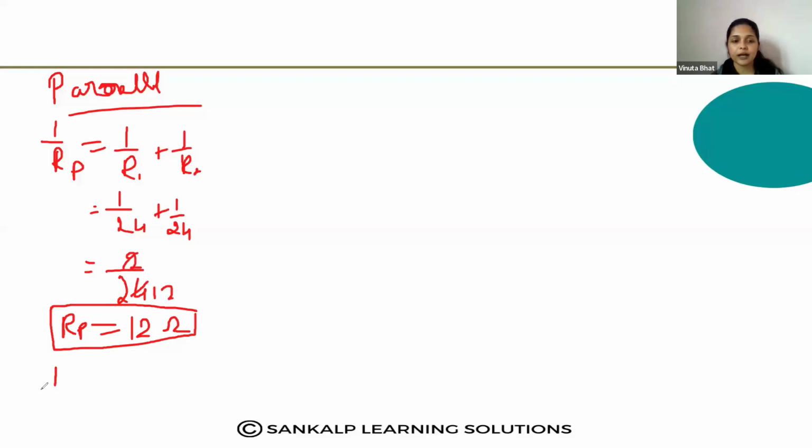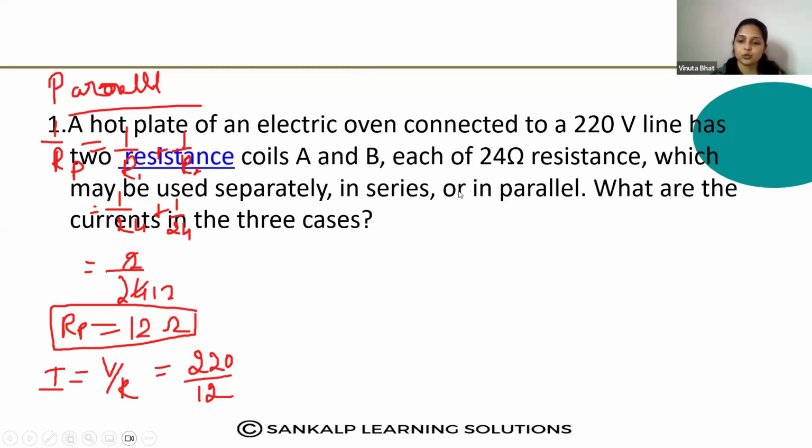We have to find out the I in case of the parallel connection. I is equal to V by R. So that is equal to V, the value 220, divided by 12. What is the value of V? It is given, 220 volt.